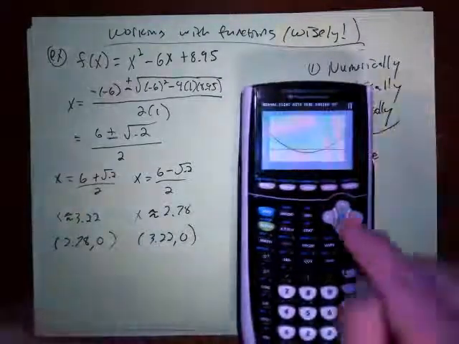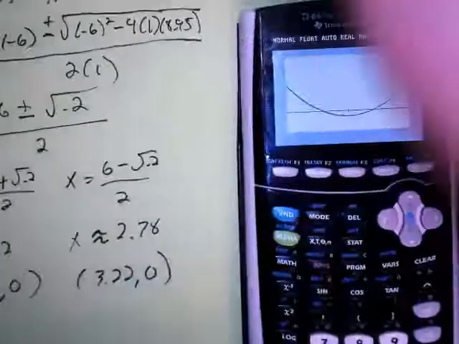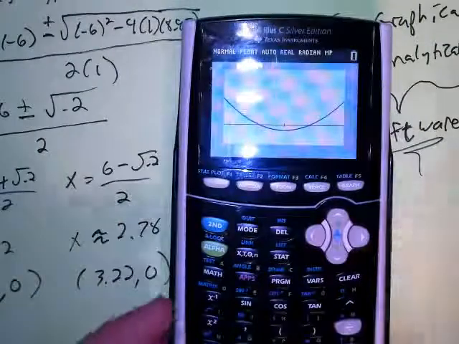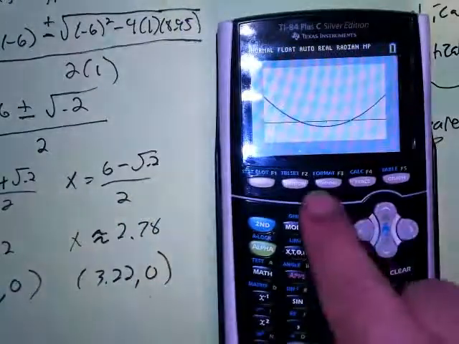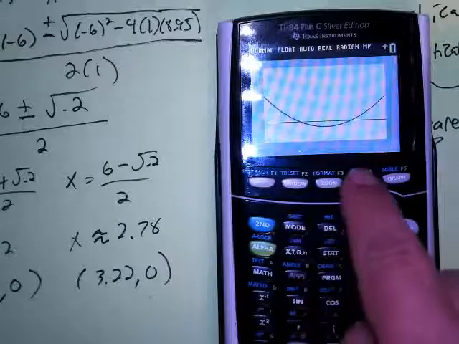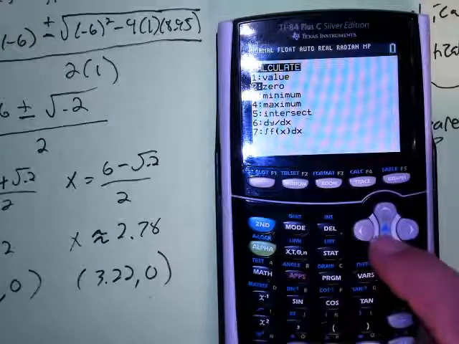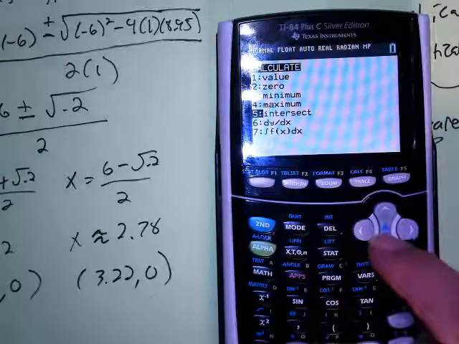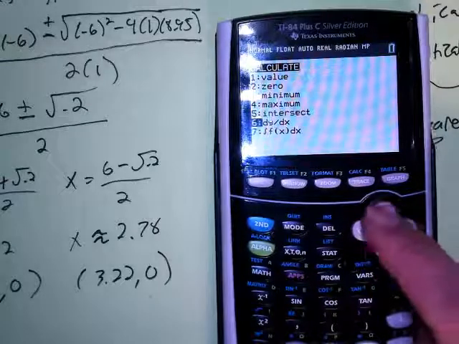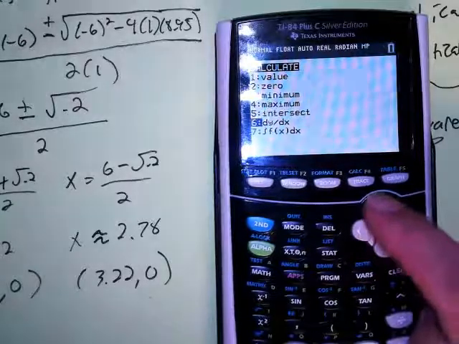Now the nice thing is I can actually find those two roots using the calculator as well. You got some neat tools on this calculator. So if I look at the Calc, second Calc, I get value, zero, minimum, maximum, intersect, and these are derivative and integral, which is what we're going to be learning about in this class.